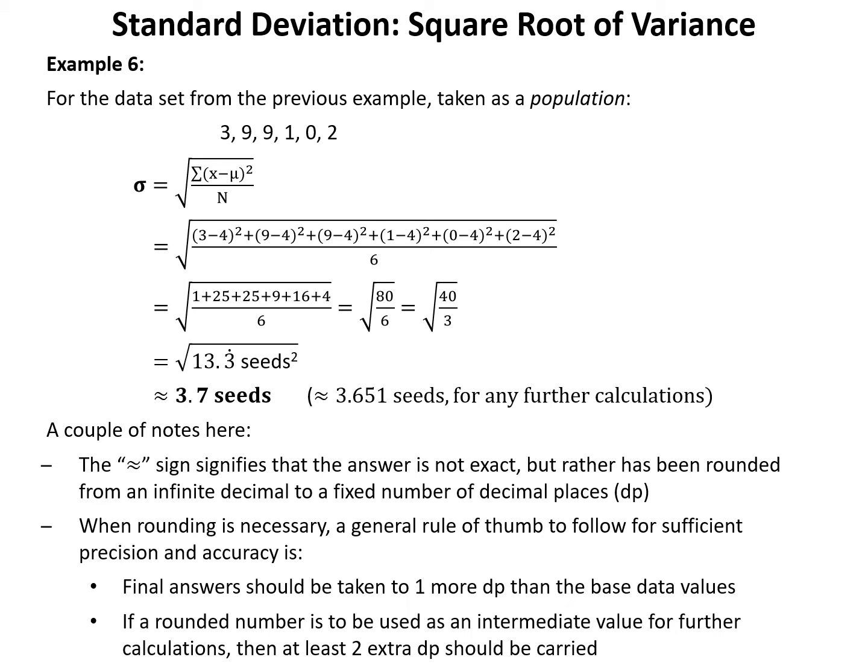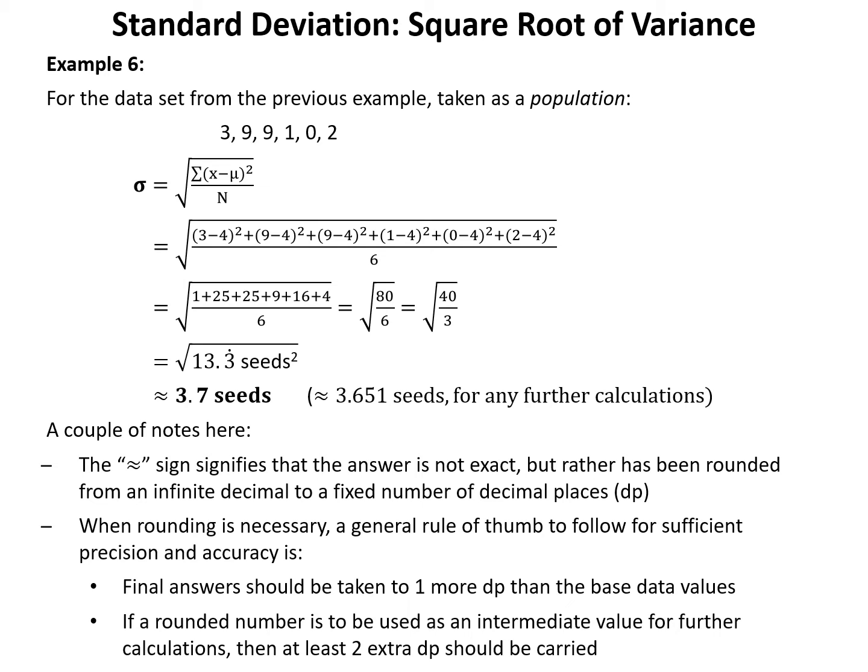So the first note here is that the use of the wavy equal sign that you see above in the slide signifies that the answer is not exact, but rather has been rounded from an infinite decimal to a fixed number of decimal places. And the notation we'll use for decimal places is dp.